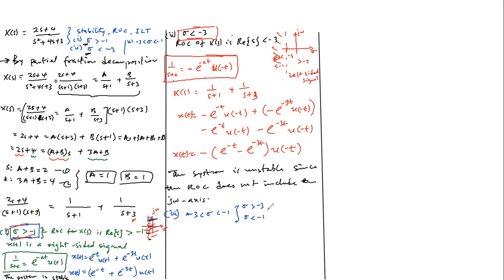So now if we interpret this properly, we see that the region of convergence of S of s is minus 3 less than the real value of s less than minus 1.